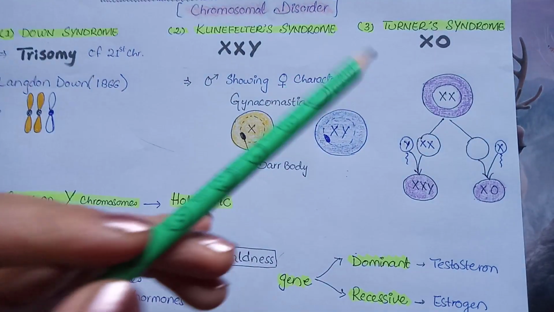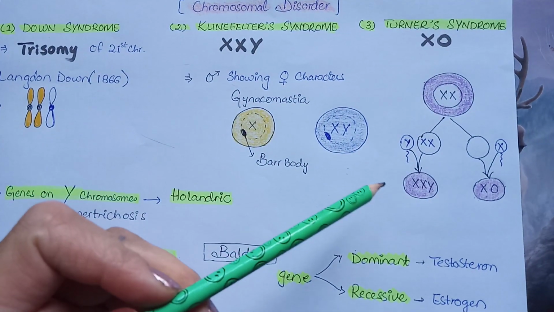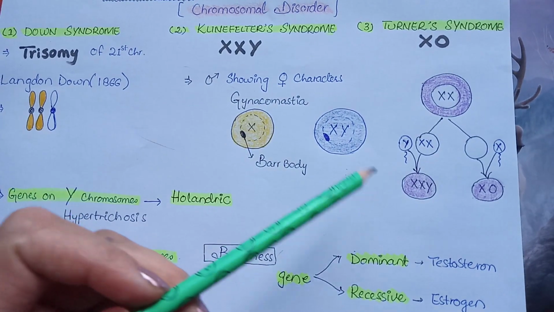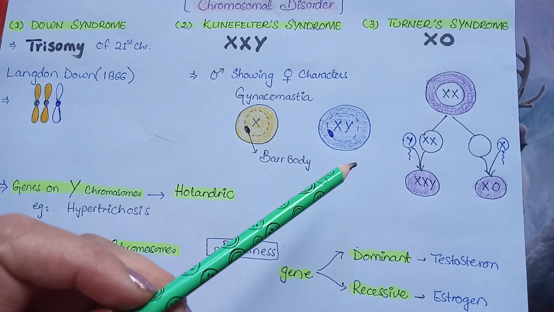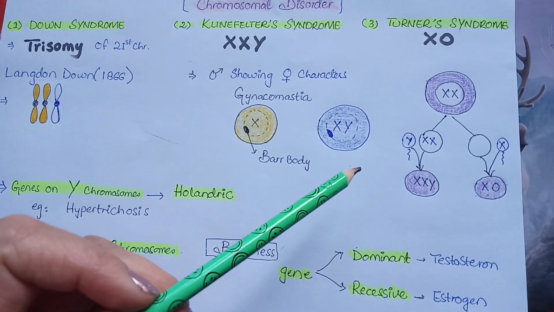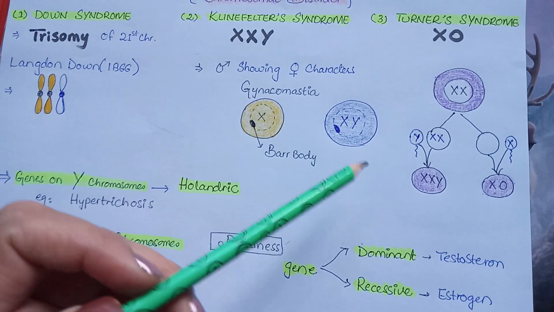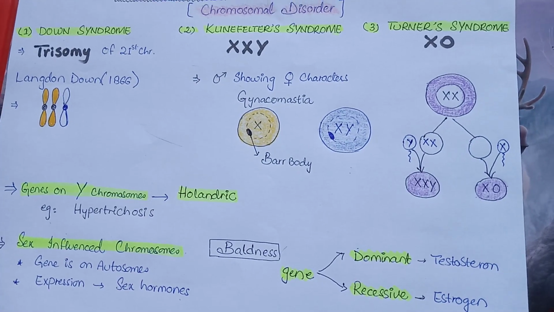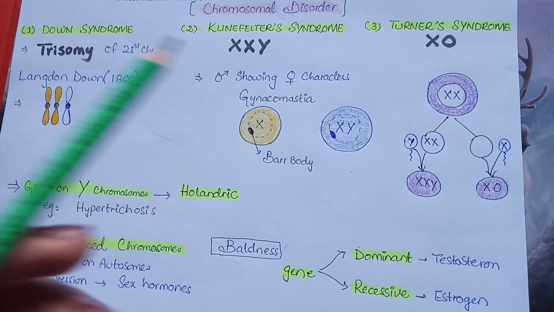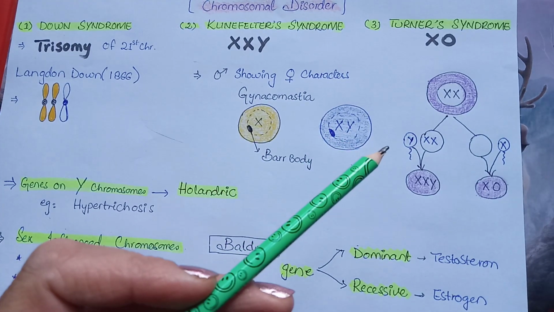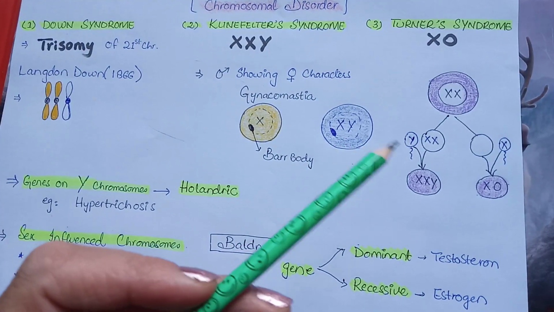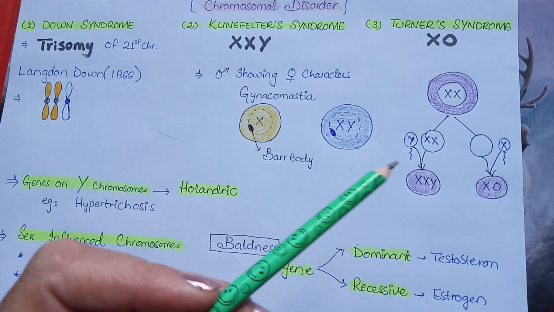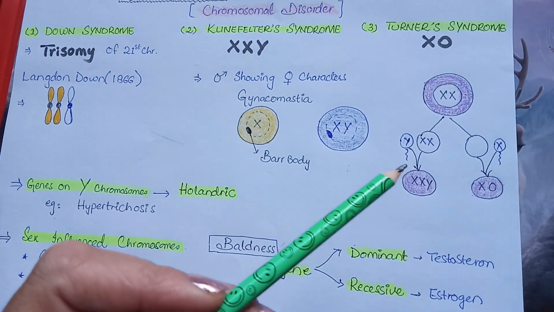When we see a bar body in a normal cell, we can conclude that it is a female cell, or from a female body. If we do not see any bar body, the conclusion we draw is that probably one X is functional and the other chromosome is Y. That means this offspring is male in a normal situation.